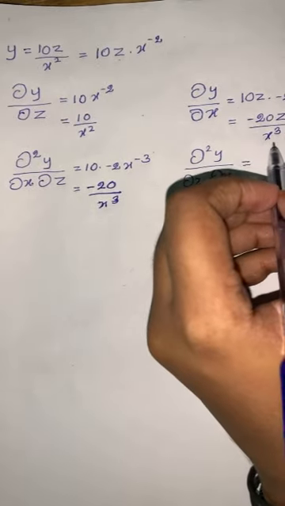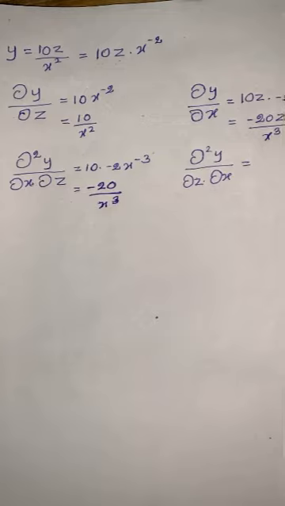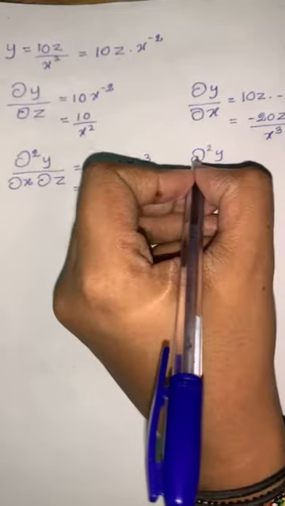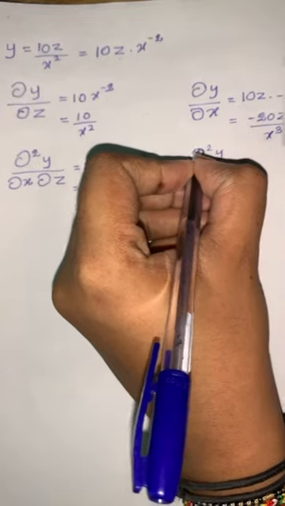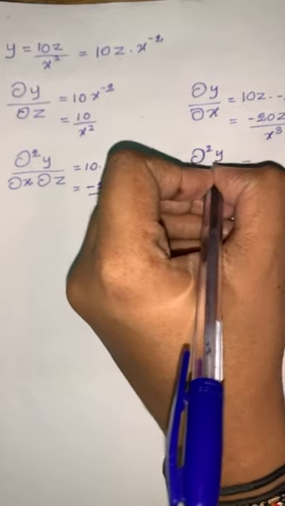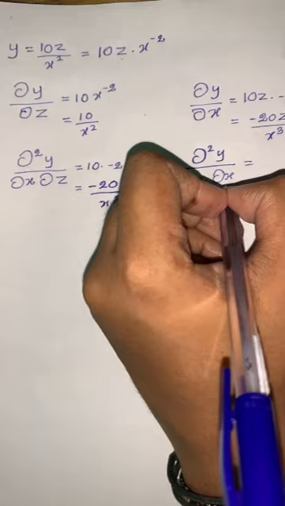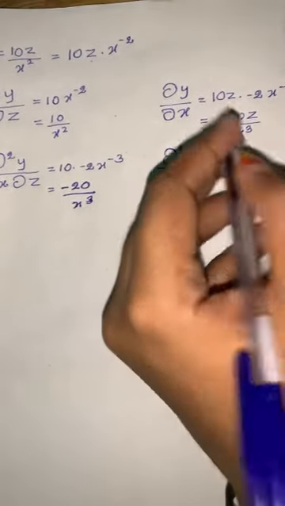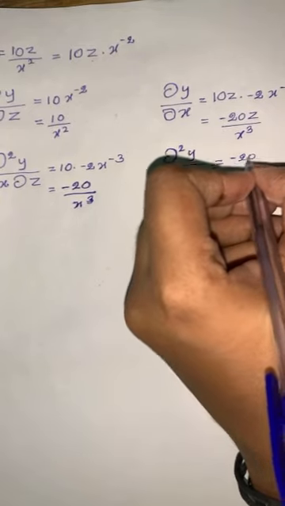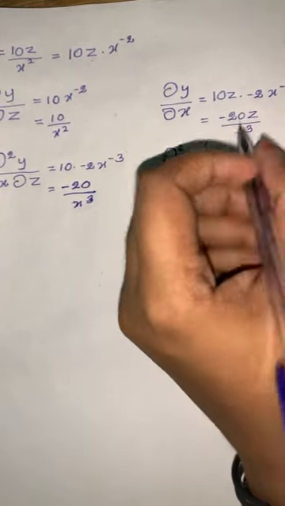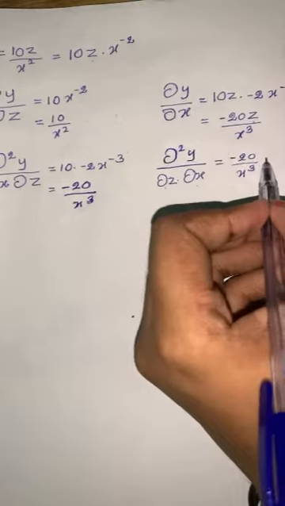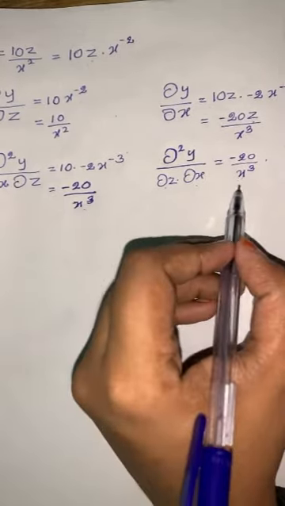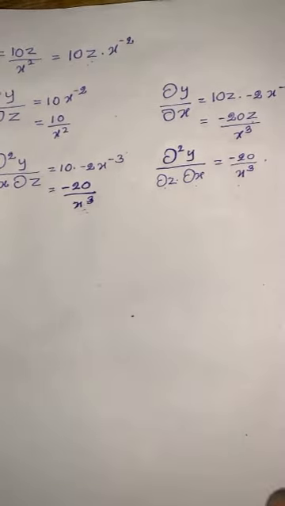So here we know this component, ∂²y over ∂z ∂x. So we know that this component is the constant 20 over x to the power 3. Differentiation of z is 1. So see, these both are becoming the same answer.